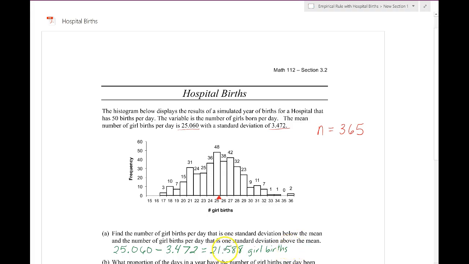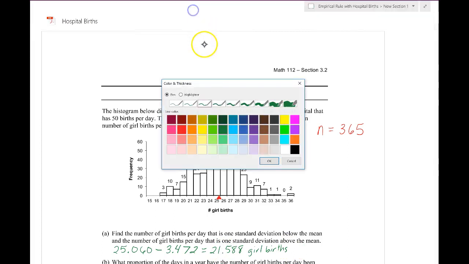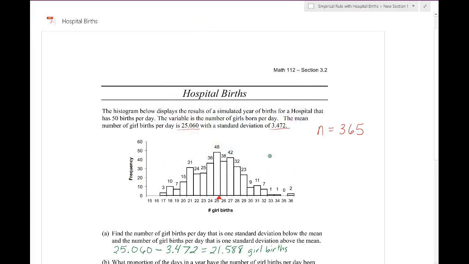So 21.588 is going to be bigger than 21. I'm just going to put it in between 21 and 22 and not including 21, because 21.5 is bigger than 21. So that gives me a lower boundary on the left.